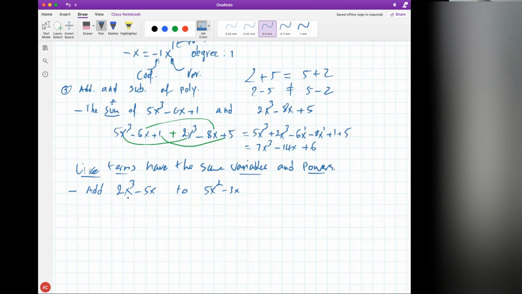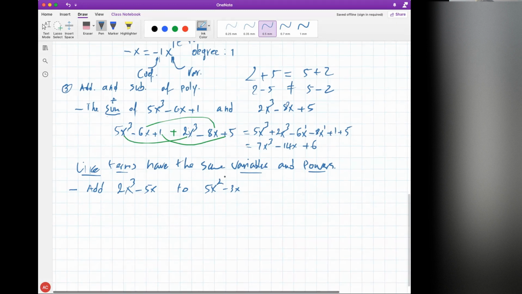So there's another example here. So basically we add 2 polynomials here, 2 binomials. So the sum, or I may say add, again pretty simple, just write the 2 polynomials, plus, and the other polynomial, minus 3x.